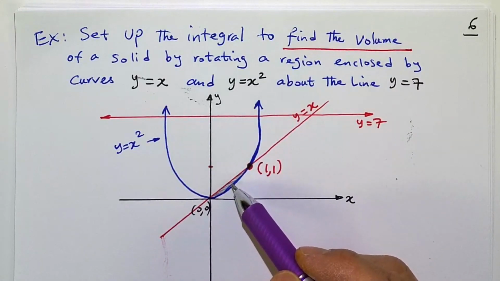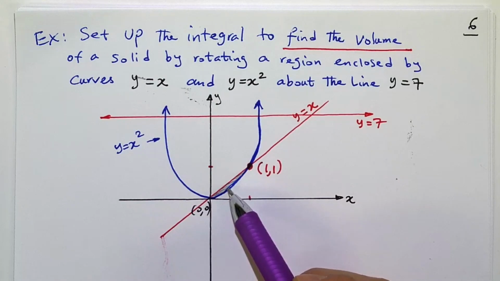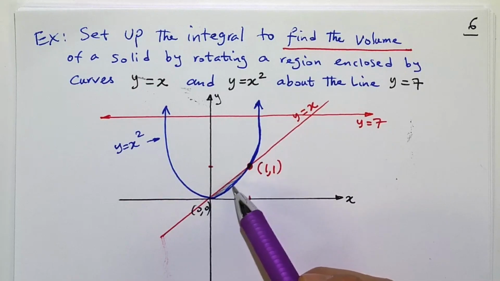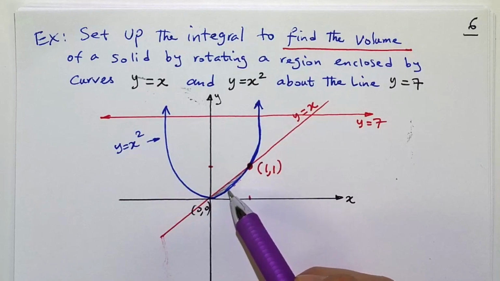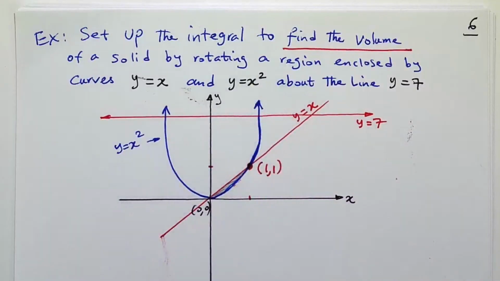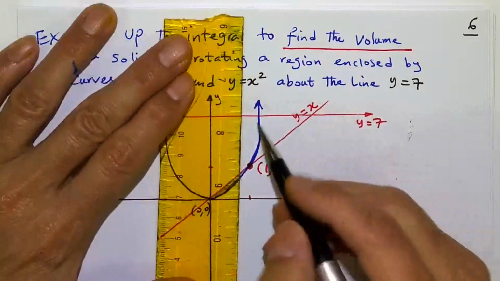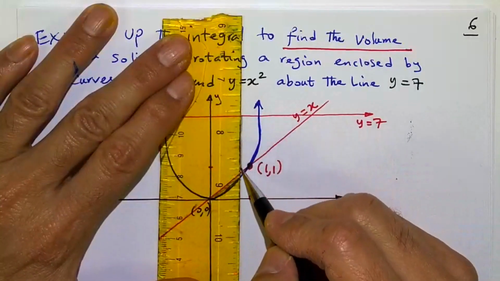By now, for sure, the question of whether this is a washer or a disc should be completely settled in your mind, and this is certainly a washer, right? Because we have an inner boundary and an outside boundary, an outside radius, as we rotate about y equals 7. So let me do a rough sketch of the inner and outer boundary.